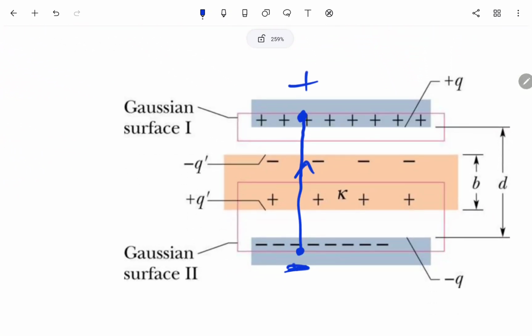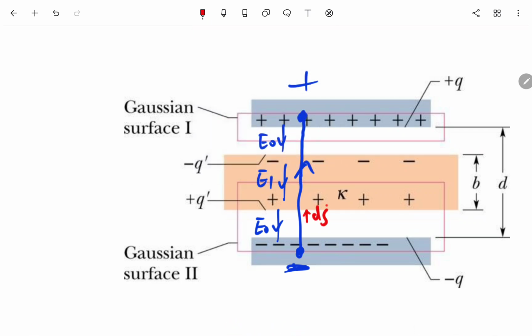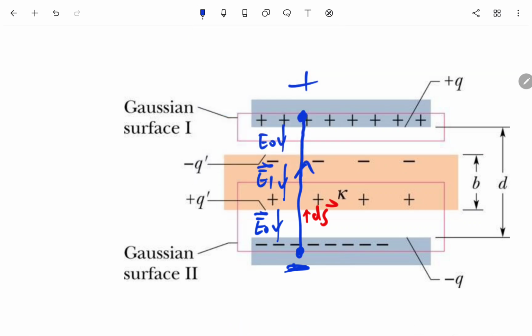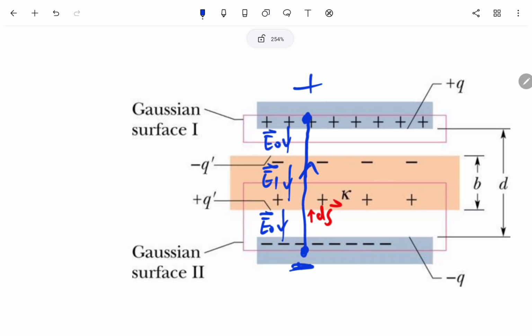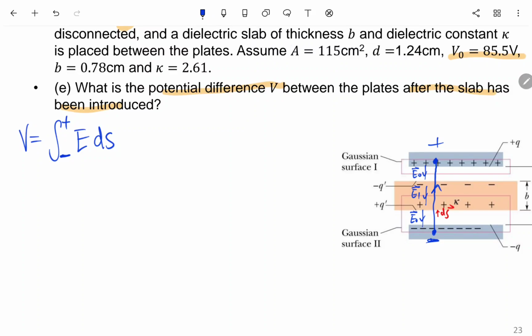So here, just now we already mentioned that this is E1, this is E0, this is also E0, and the path is starting from the bottom to the top. In such a way, ds is always pointing upward, which means this ds and E0 actually point in opposite directions.